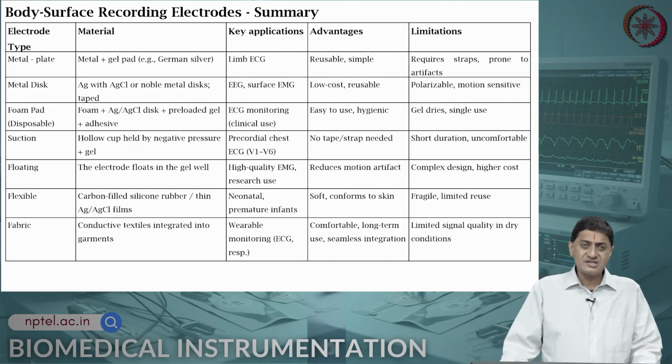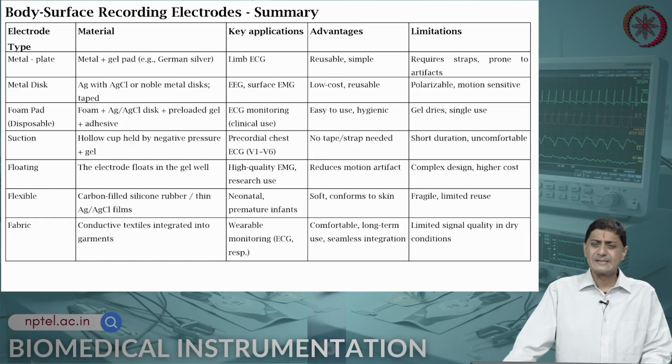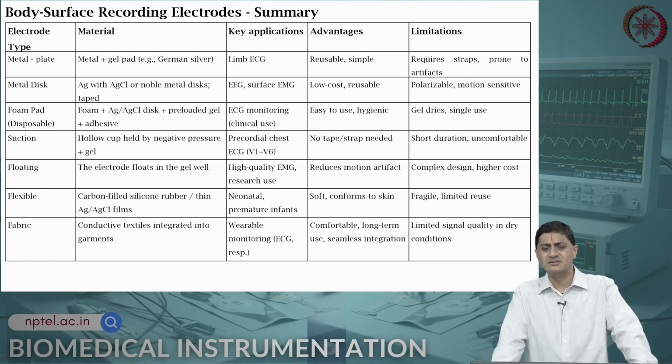So this essentially summarizes the various types of body surface recording electrodes. You have the metal plate electrode, which is quite often used. The example is the limb electrode in ECG. It is reusable, simple and rugged, but it requires straps and is sometimes prone to artifacts.